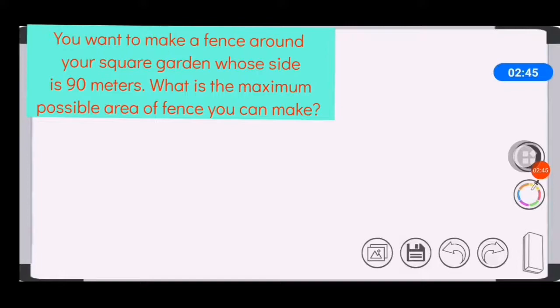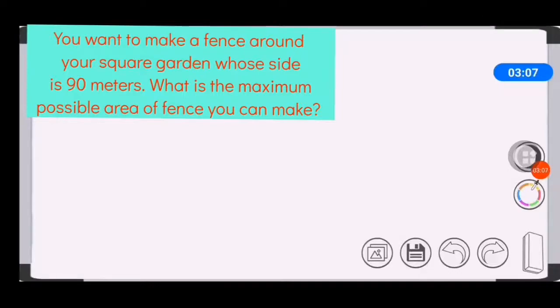Second example. You want to make a fence around your garden at home. The side of the garden is 90 meters. So you want to make a fence of square shape, and the side is 90 meters.